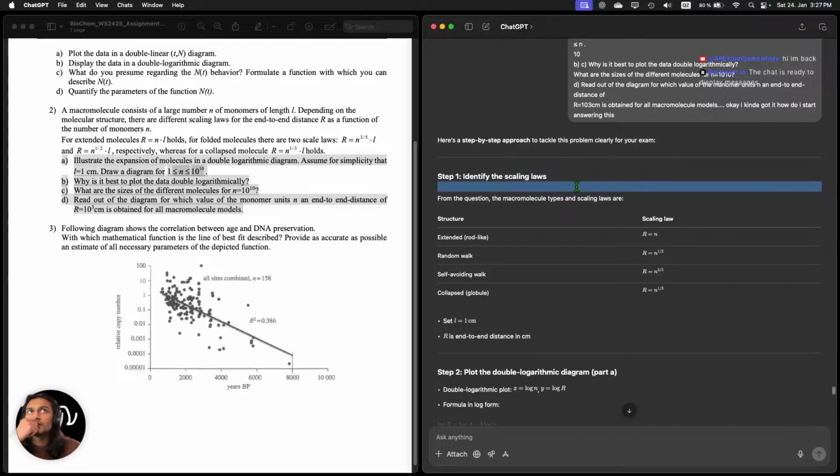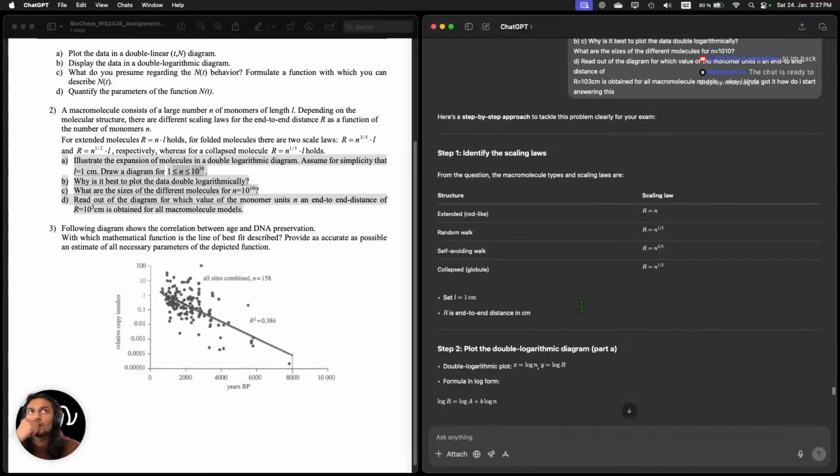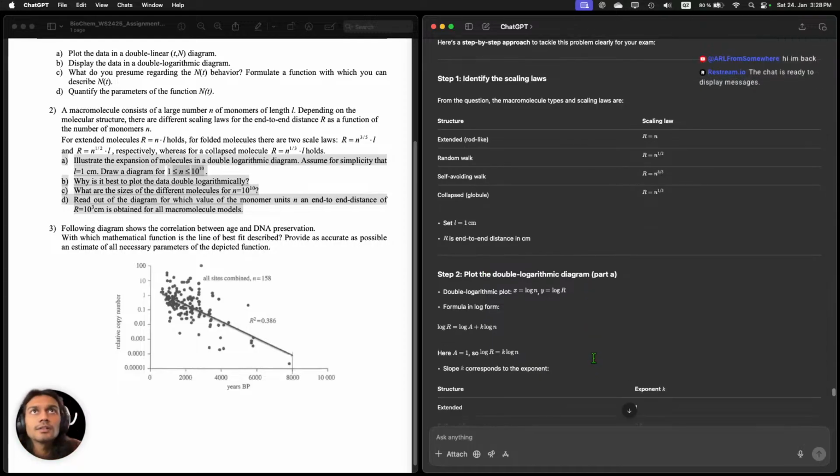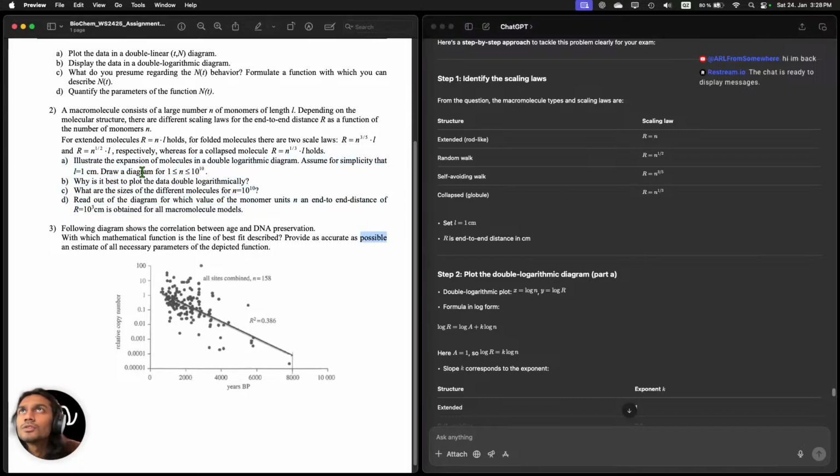So identify the scaling laws. R is a distance. Plot the double logarithmic diagram, log of n, log of R formula. Illustrate the expansion of molecules in a double logarithmic diagram.